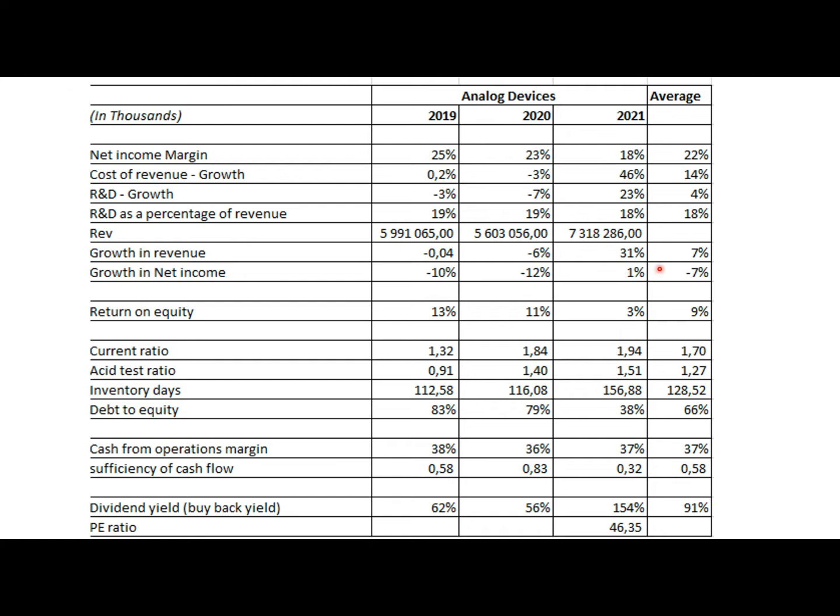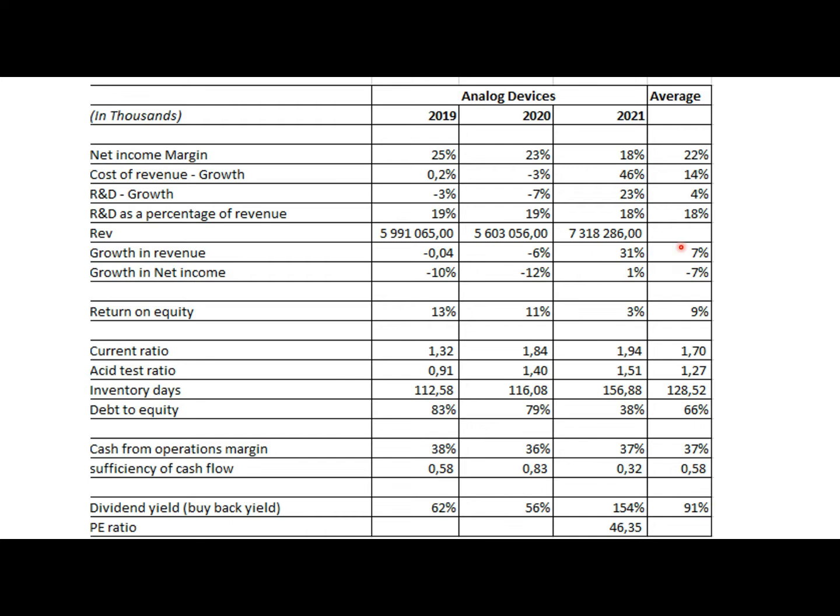But considering that you're growing revenue shows me that your increasing costs are justified in providing return. Yes, net income increased by 1%, and that goes along in explaining that the market is declining. But it's still in line with industry average. Costs are providing a return in the form of growth in revenue at 31%, which is very good. On average at 7%, slightly below industry average of 8%, but you can look at that.